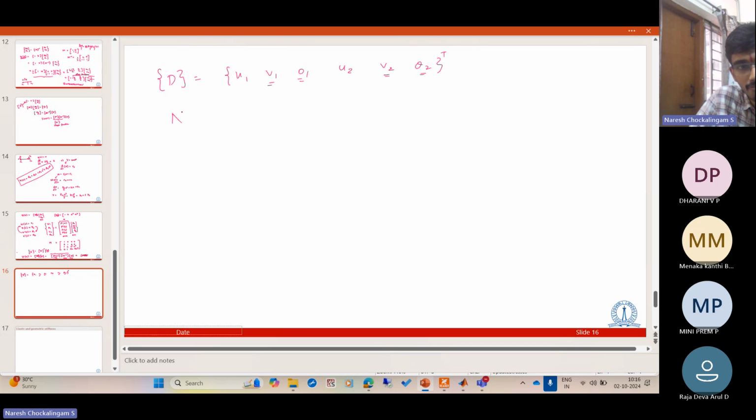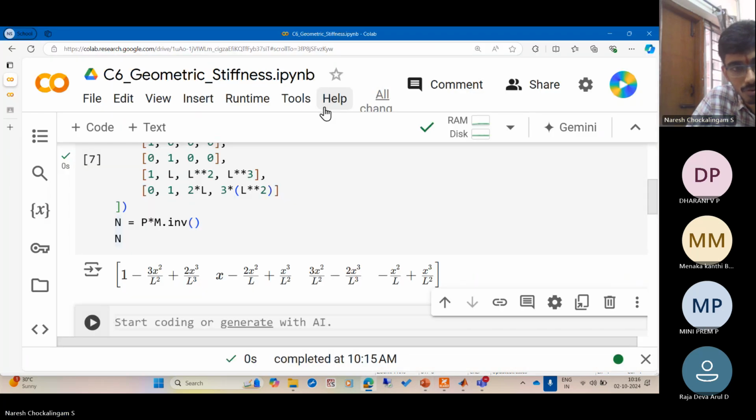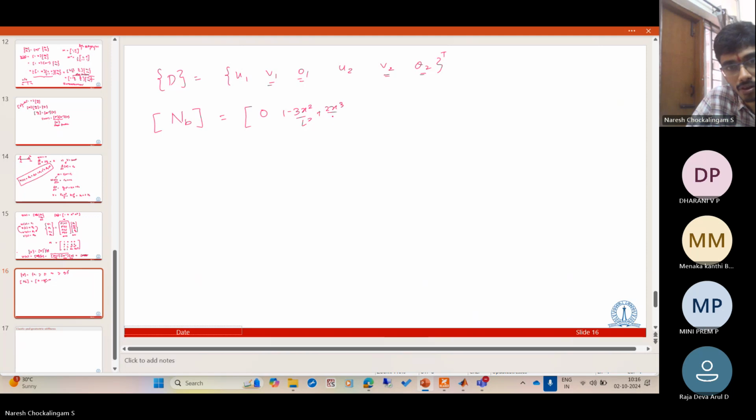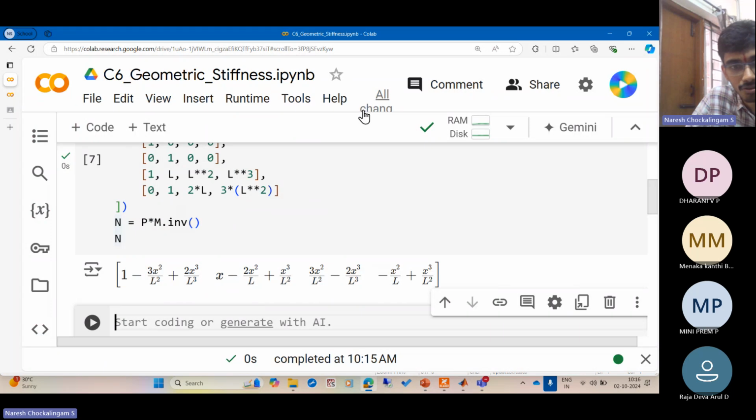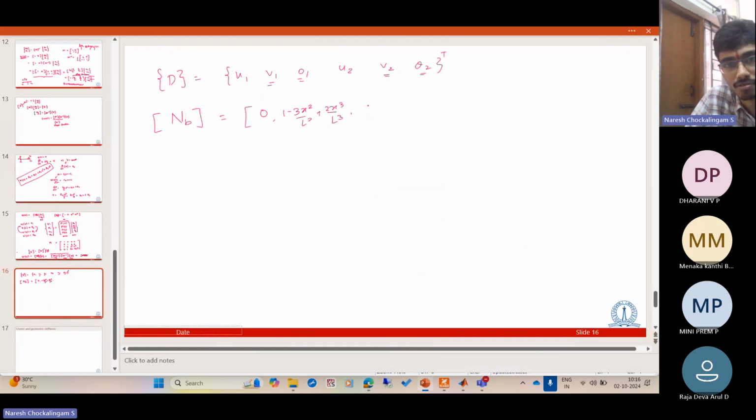So the beam shape functions, I'm writing them as 0, then 1 minus 3x squared by L square plus 2x cubed by L cube, and then x minus 2x squared by L plus x cubed by L square.